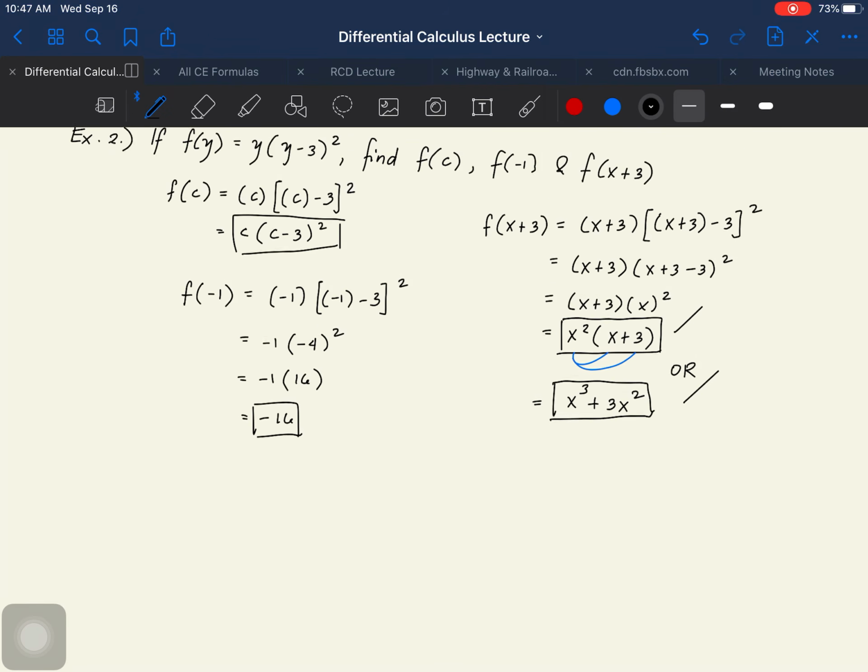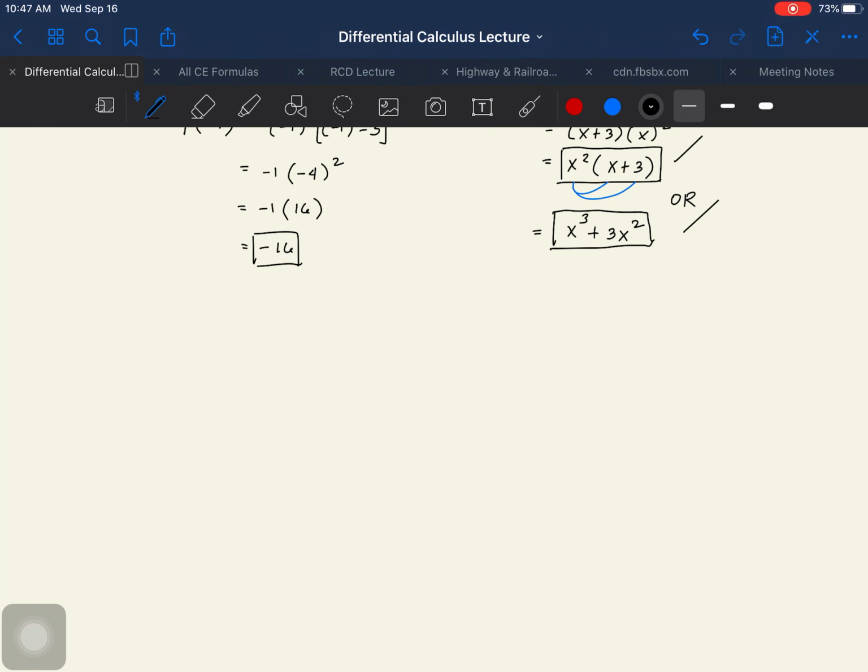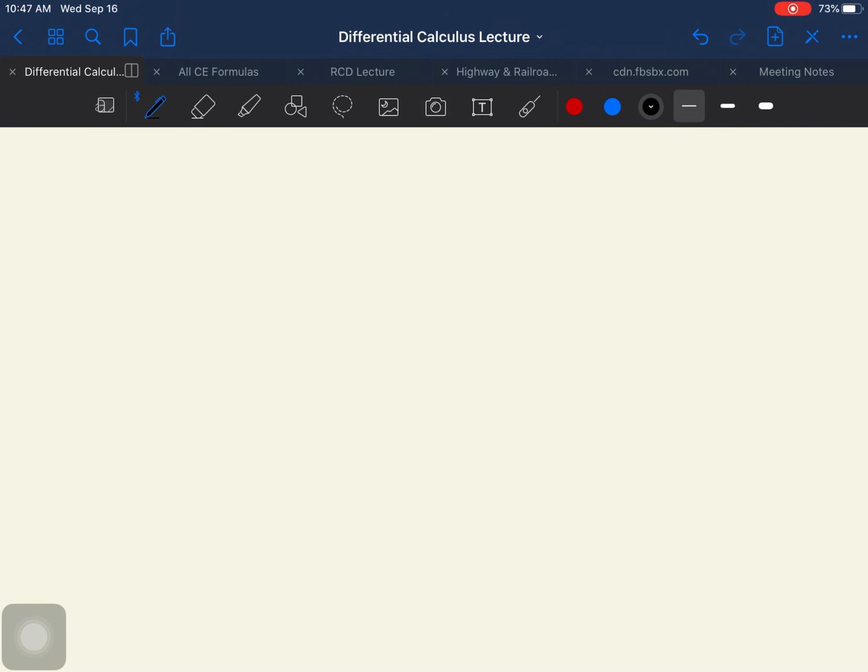Quite easy, right? So I think it is still manageable. Now how about the last problem? Last example, rather. That is example number 3. It says there, find the value of f of 0, f of 2, and f of x plus 5.